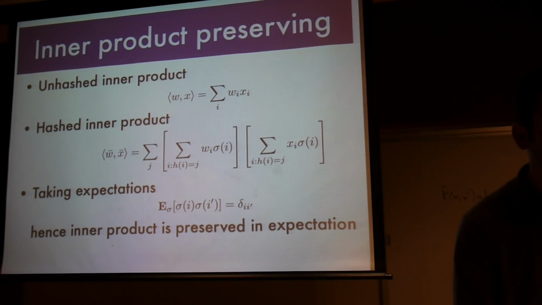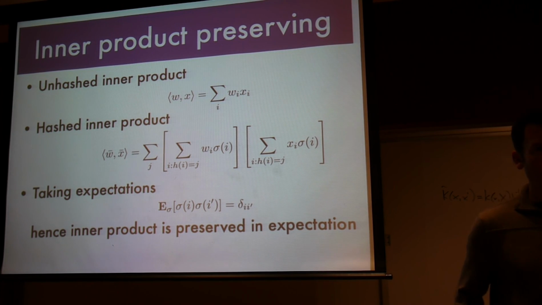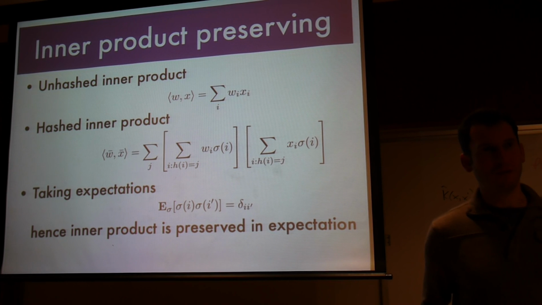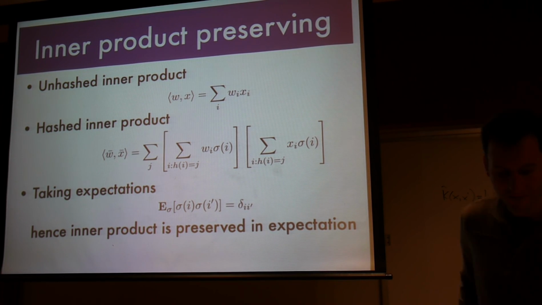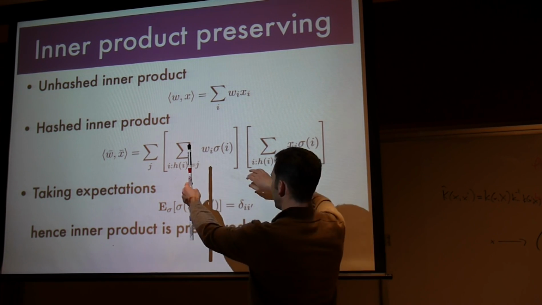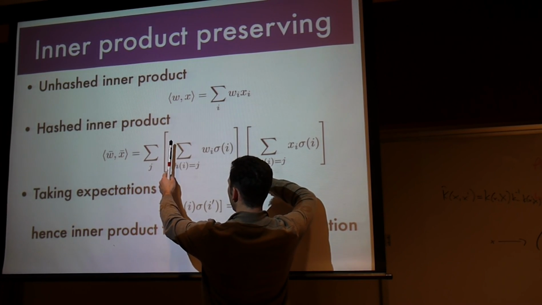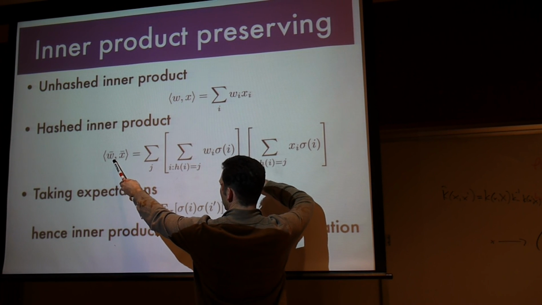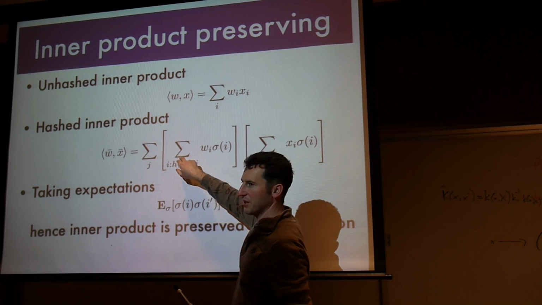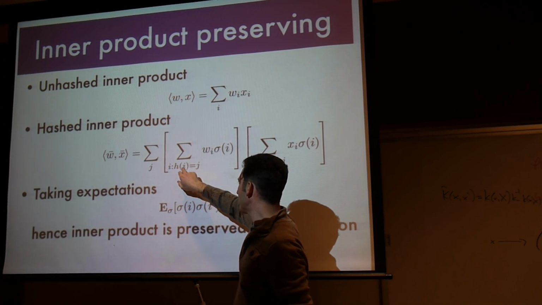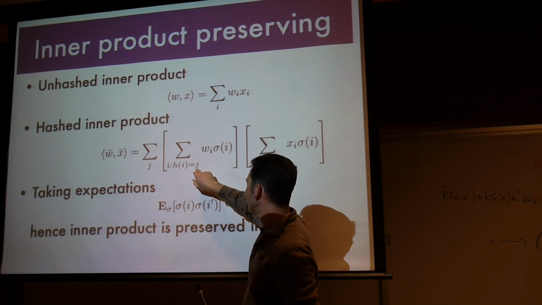And so j is the value of the hash. Because basically I need to sum over all the indices i that collide with each other into the bin j. Right? That's why I get this expression here. So to find out the jth coordinate of w bar, which is the hashed version, I need to find all the coordinates i that collide with each other and amount to j.